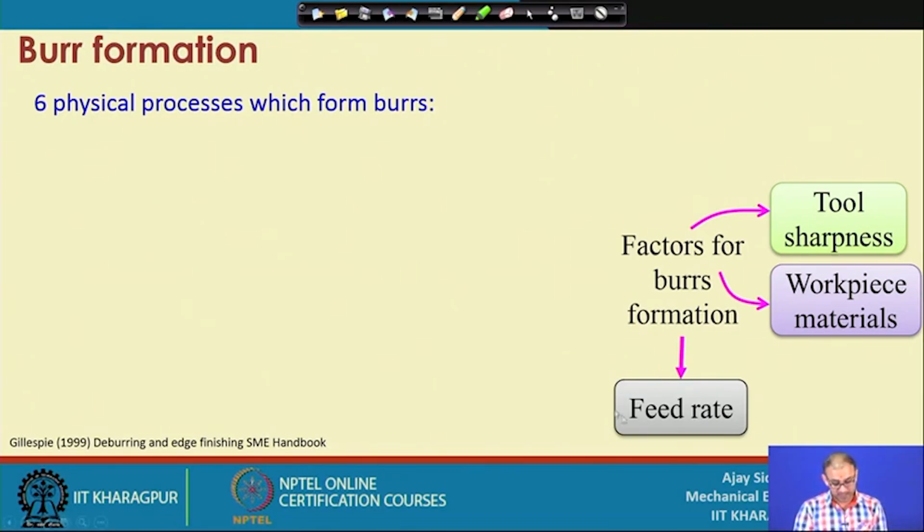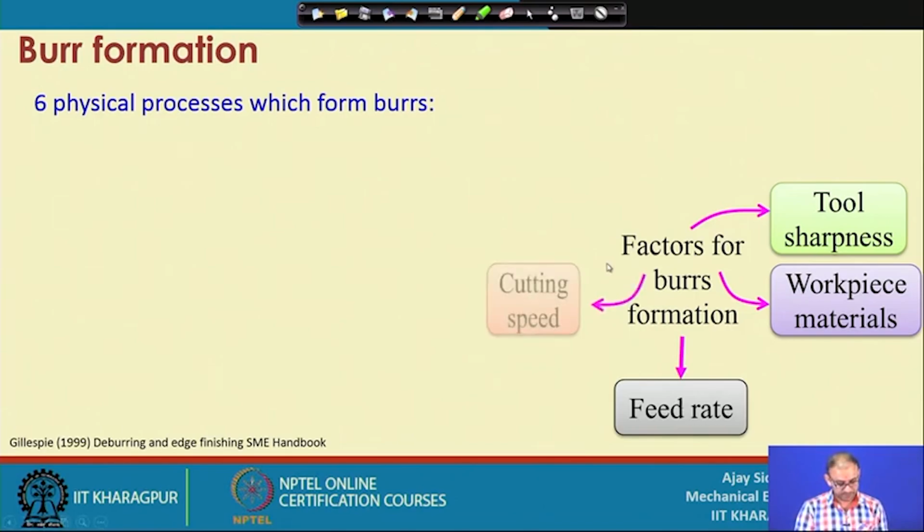That means you cannot generalize that low feed rate equals low burr height or high feed rate equals high burr height. That is specific to a specific condition and specific materials only. So, generalization of any type of conclusion is very difficult at the micro scale, because we know that a lot of other parameters also play an important role, and that is why it is difficult. We will see this from a material point of view in the next few slides, how the feed rate also plays an important role.